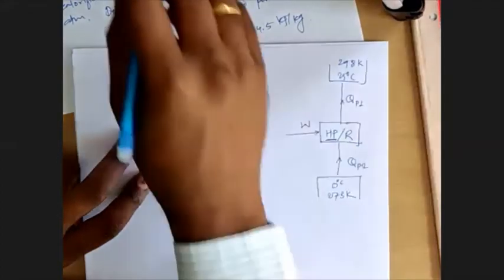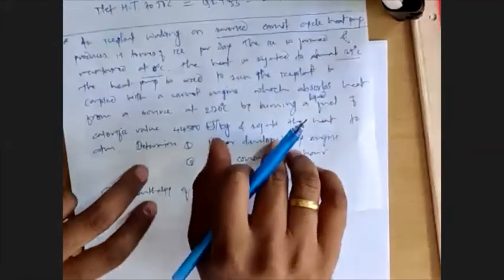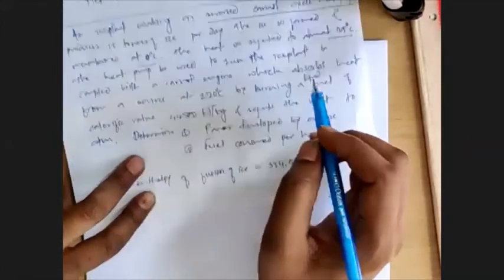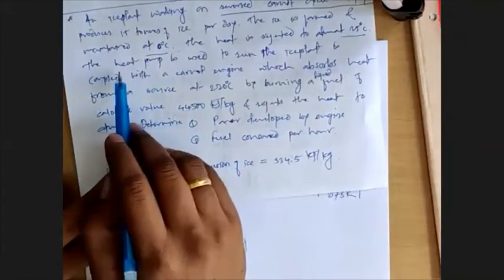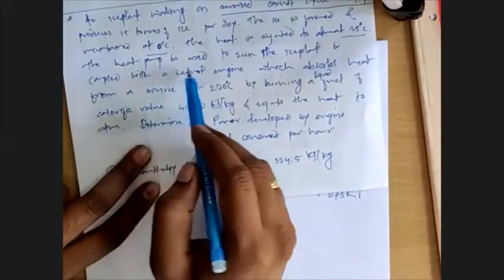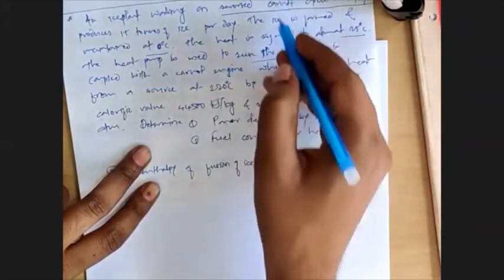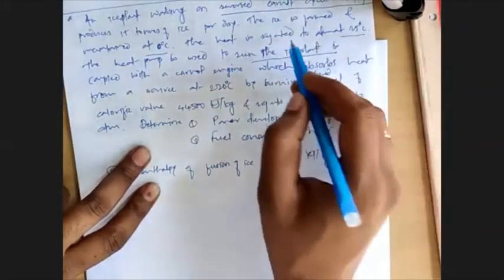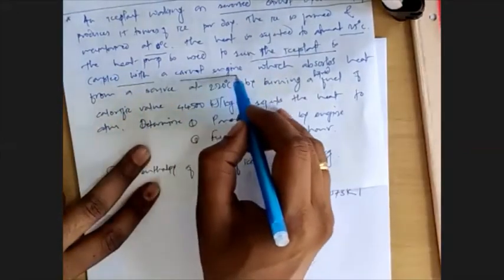Okay, let's go through the next part of the statement. After that, what they have given is that the heat pump used to run the ice plant, that is the heat pump that we just drew on the paper, is coupled with a Carnot engine.